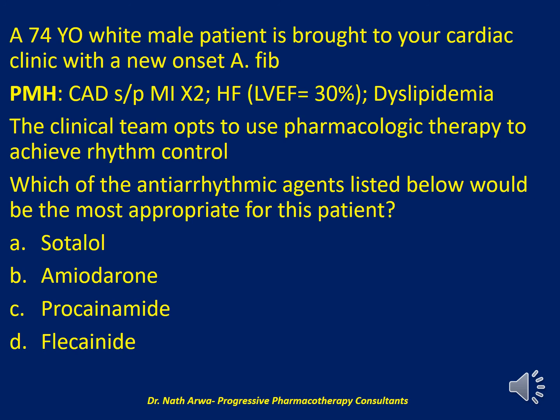Now, the clinical team opts to use pharmacologic therapy to achieve rhythm control in the case of this patient. So my question to you is, which of the antiarrhythmic agents listed below would be the most appropriate for this patient? Would it be sotalol, amiodarone, procainamide, or flecainide? I'll give you 10 seconds to choose the correct answer.